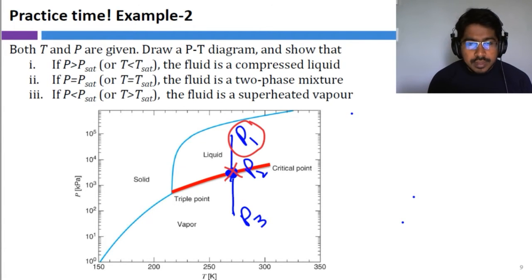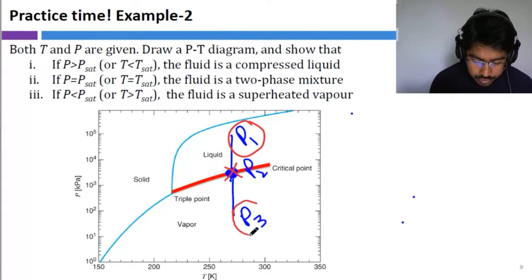You remember last time when we were discussing, when a point is on this line, we call it a two-phase mixture. Maybe it could go to the saturated liquid line, or it could go to the saturated vapor line, but not beyond that, right? If the pressure is lower than the saturation pressure, then it's going to be in the vapor region as shown here.